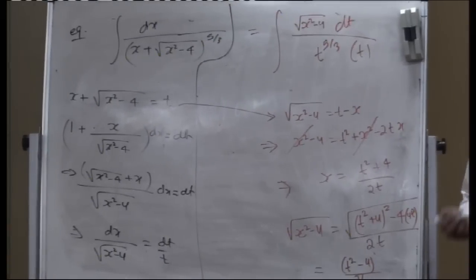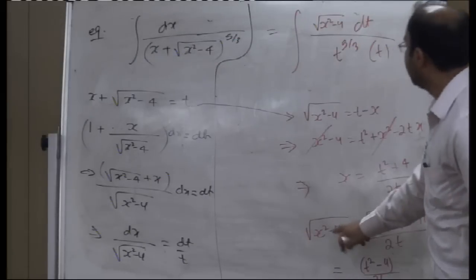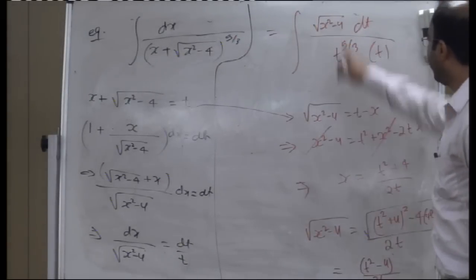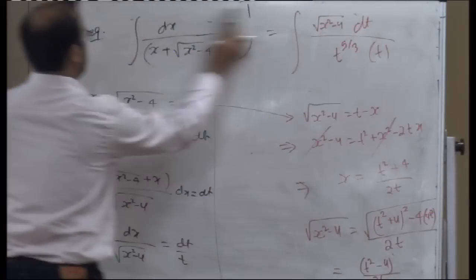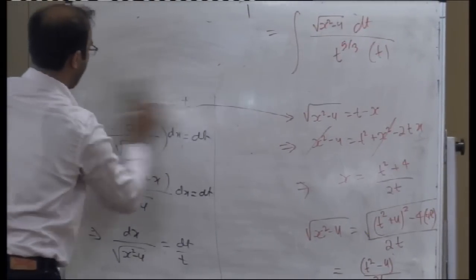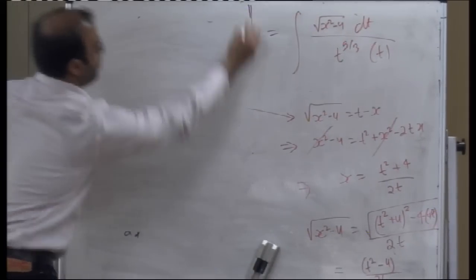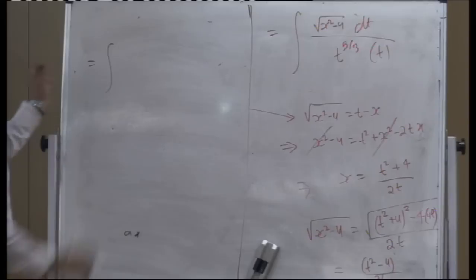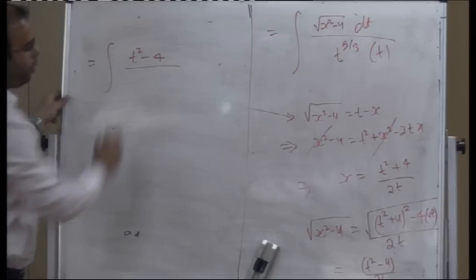This numerator part will become (t square minus 4) whole square under root, so that would become t square minus 4. And then you will take this root over x square minus 4, the value here. So in the next step, root over x square minus 4 is actually (t square minus 4) upon 2t.